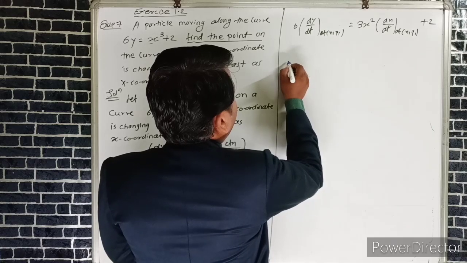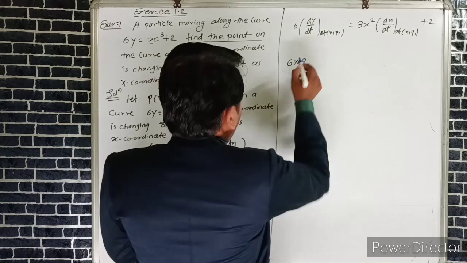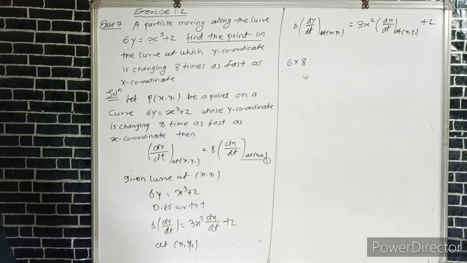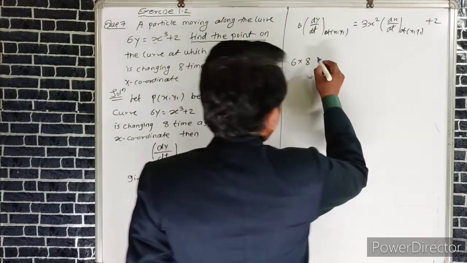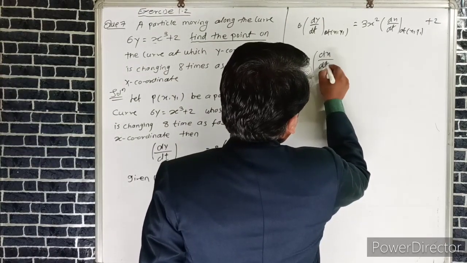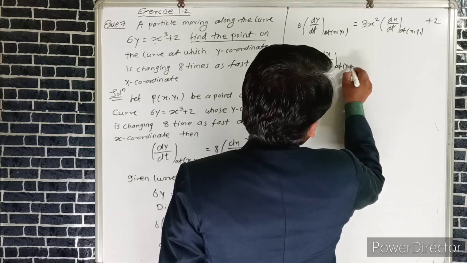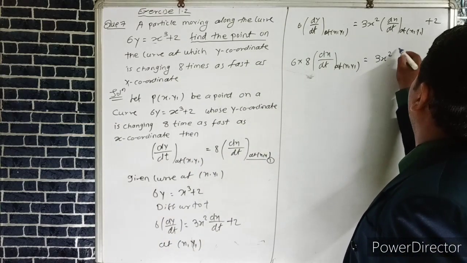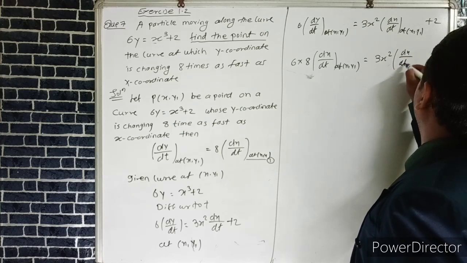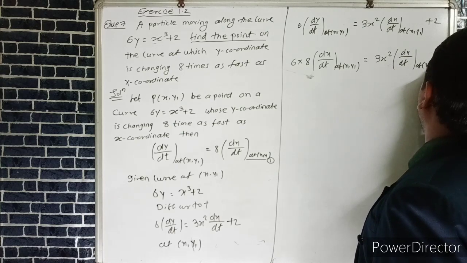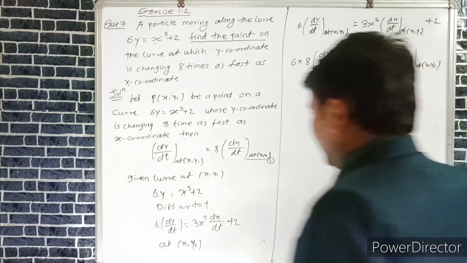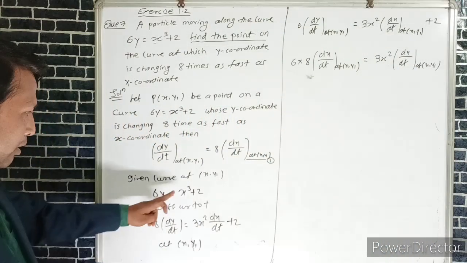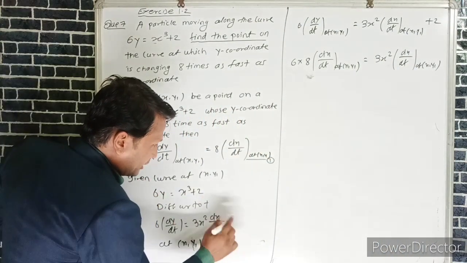So 6 into 8 times dx by dt at (x1, y1) equals 3x square dx by dt at (x1, y1). Sorry, here the derivative of 2 is 0.